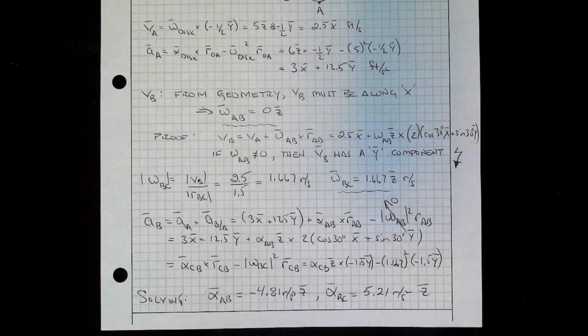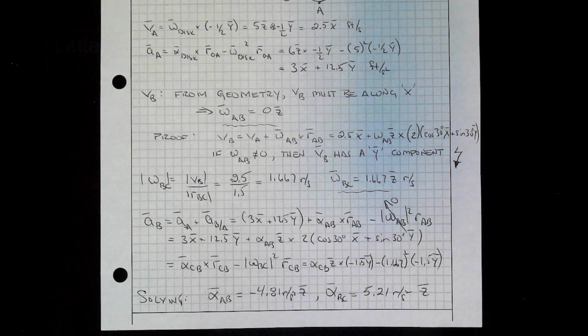The only way this can work is if omega AB is 0, because we can't get a y component. If omega is 0, that wipes out this term, so VB equals VA. What was obvious is mathematically proven. As a result, we know exactly what VB is.